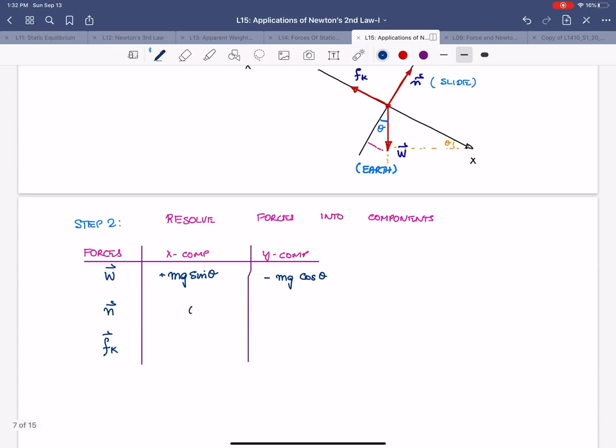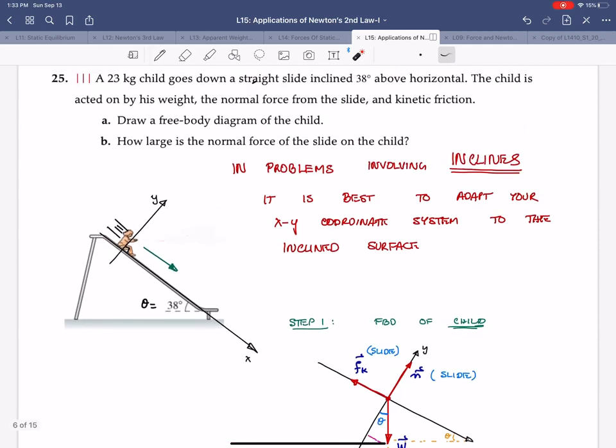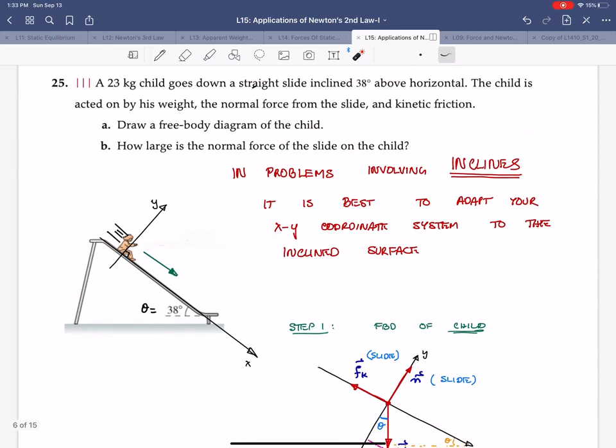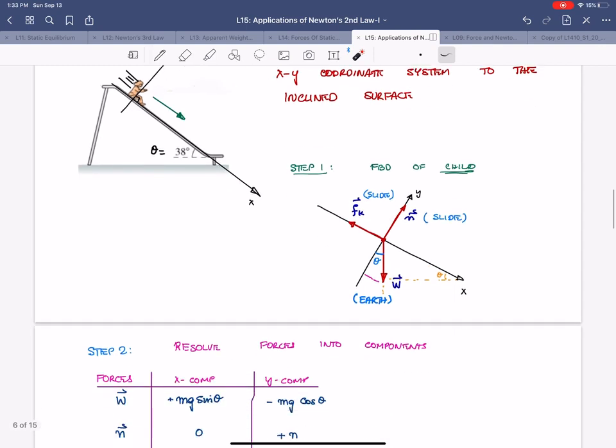The normal force is acting along the positive y-axis, so that's plus N, and the force of kinetic friction is minus mu sub k times N, and 0. Again, I've used the fact that the magnitude of the force of kinetic friction is mu sub k times the normal force.